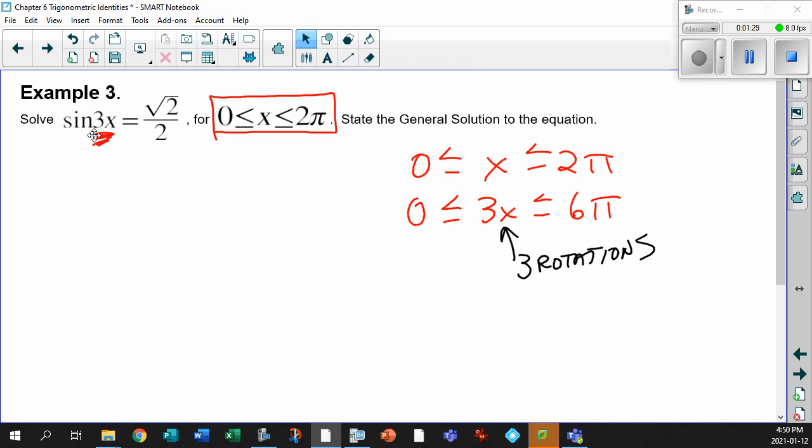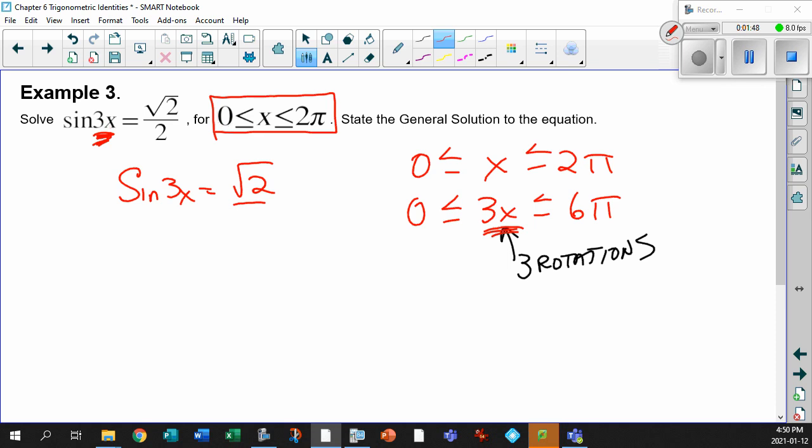All right, so now that we've established the domain, the fact that it's 3 rotations here, I want to show you something very, very cool. After this, it's just following the 4 points that I laid out for you several times. You know and I know at this point sine 3x is root 2 over 2. We have to use the CAST rule. Add sugar to coffee.